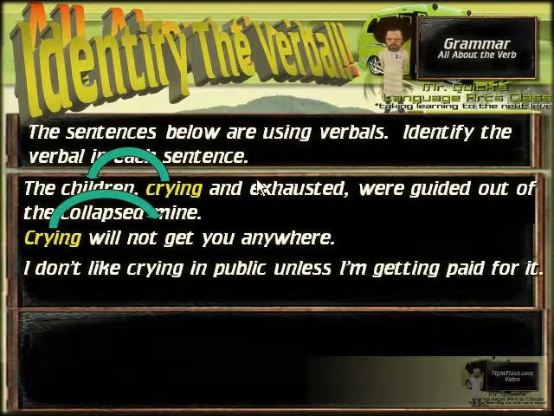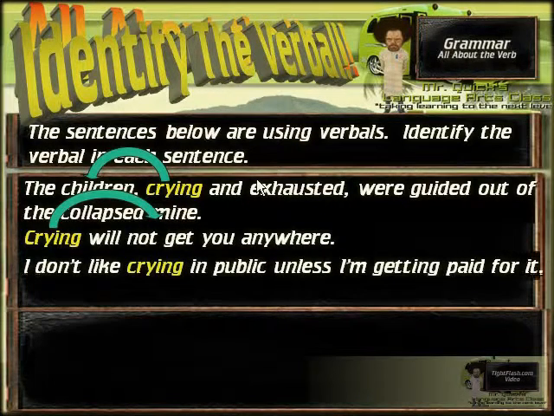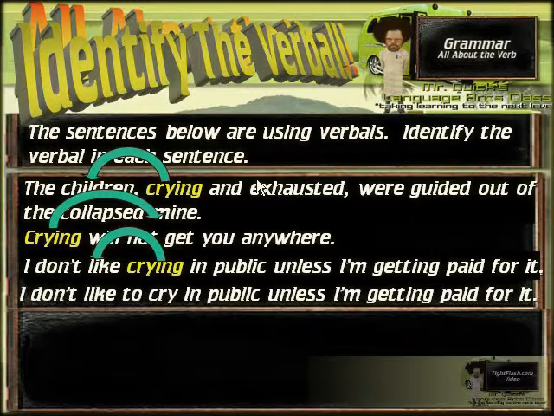Or is it? Let's pay attention, please. Crying here is, of course, giving us more information about like. Like is a verb, and crying is going to be receiving the action of like. And there we go. There we have it.